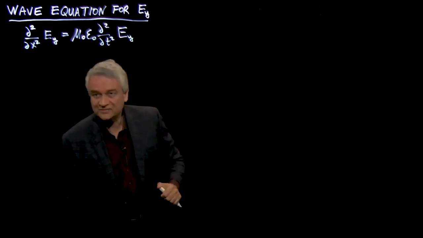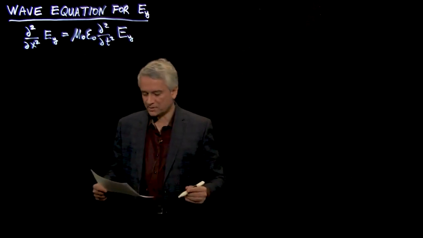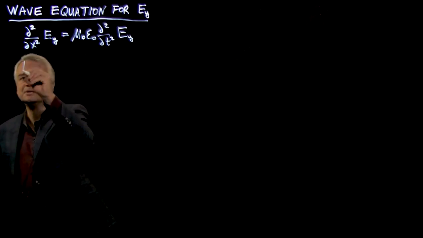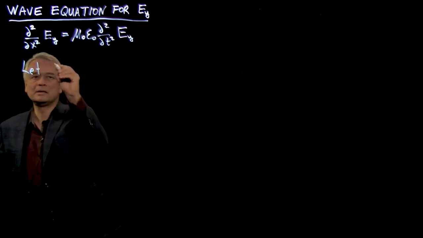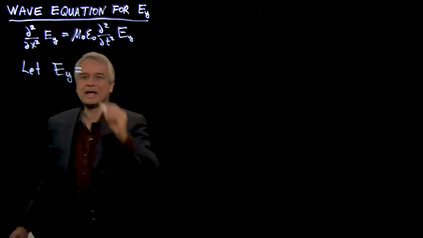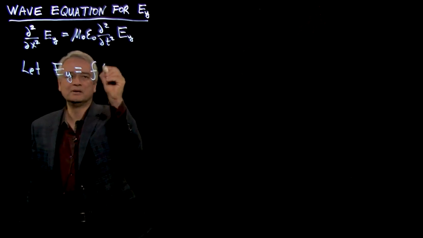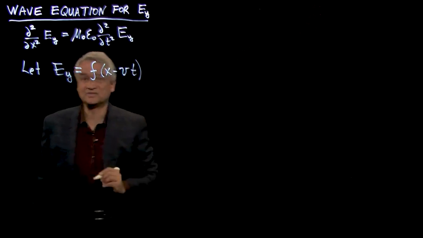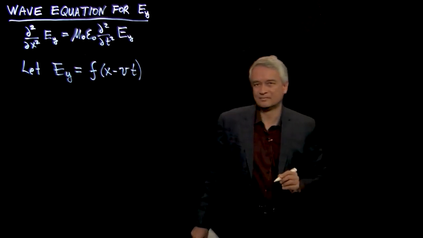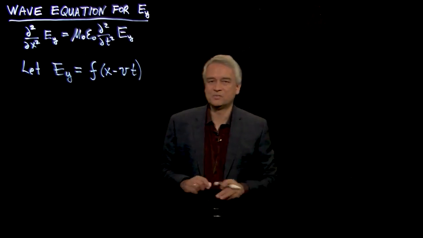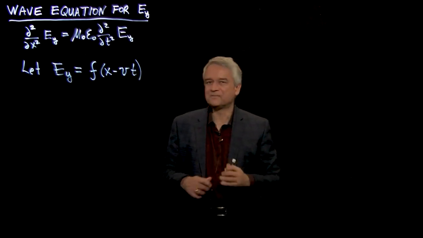The way I'm going to convince you of this is I am going to show you that if I choose EY to be any function of x minus vt, I've solved the equation. The calculus to show this we'll do in a second, but let me first explain what I mean.